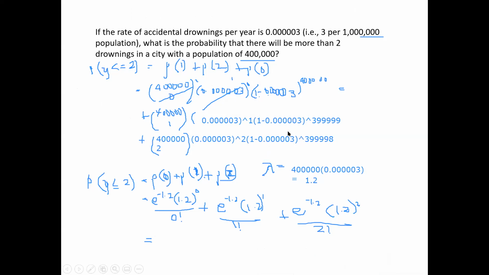Sige, hintayin ko yung sagot. Anyone? May sagot na ba kayo? 0.8795 po.